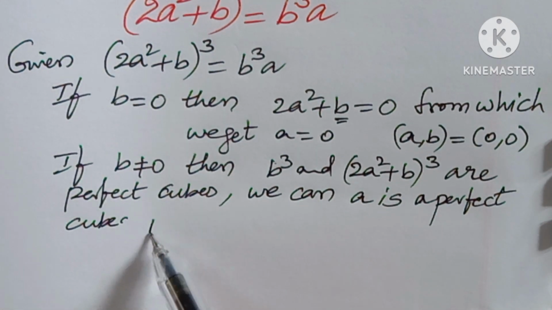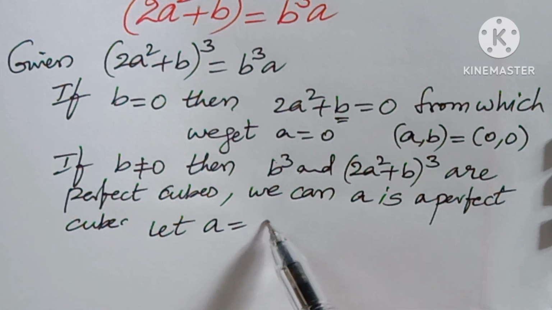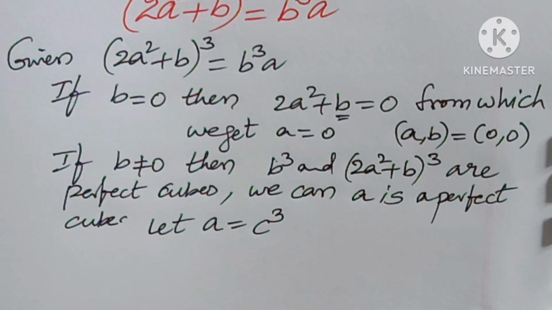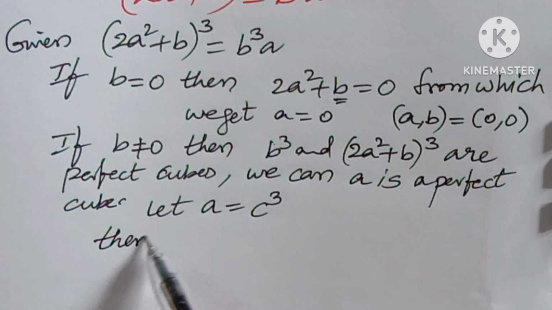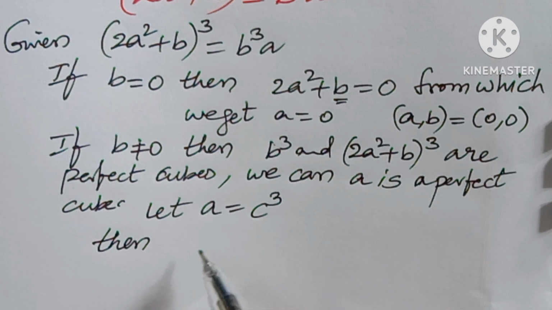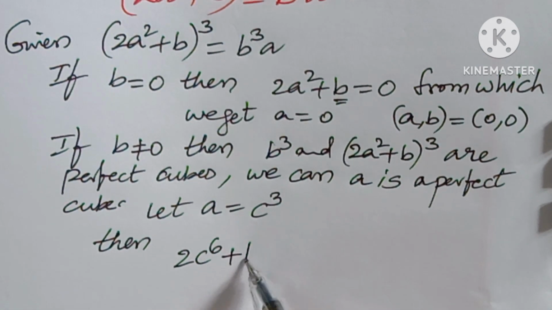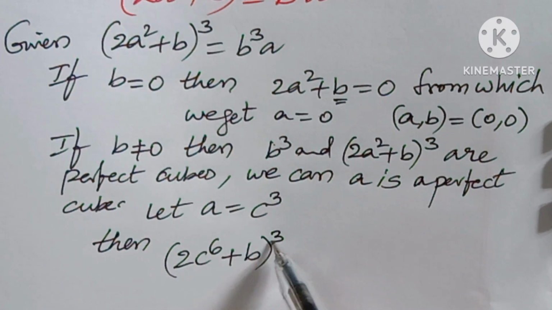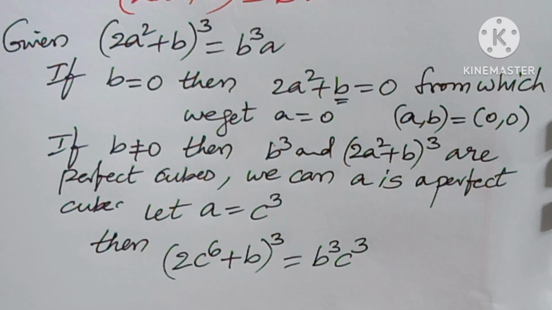So let a be equal to c³. We are taking a as c³. Then the equation becomes (2c⁶ + b)³ is equal to b³c³.